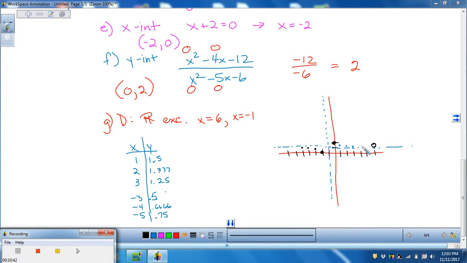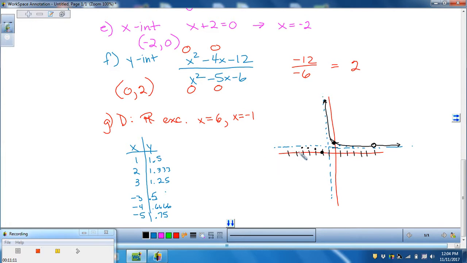So this other end, knowing what shape a rational function is going to have, will continue to grow even more rapidly, and so we'll have the shape of our rational function. Remembering that this end is getting closer and closer to the horizontal asymptote, and the other end, which is going up, is getting closer and closer to the vertical asymptote.